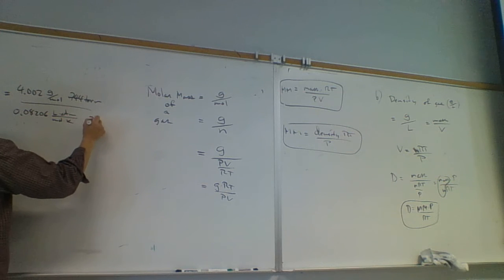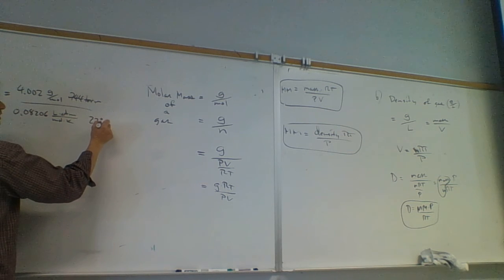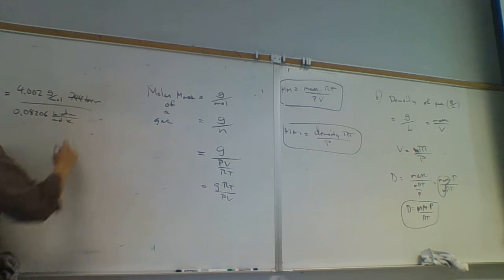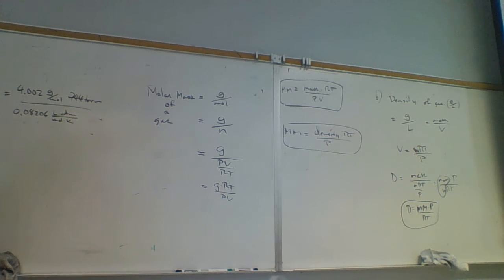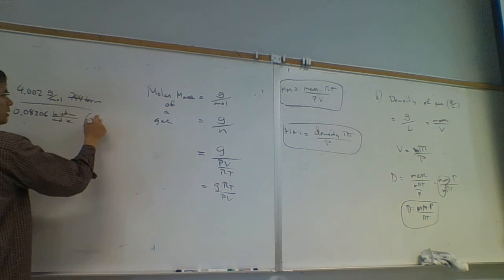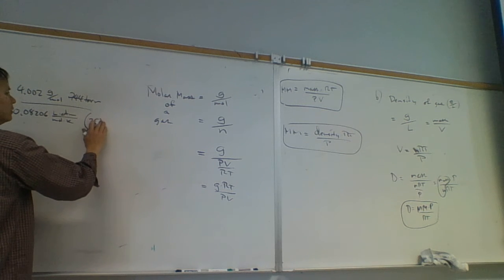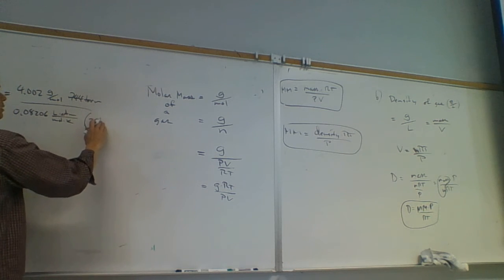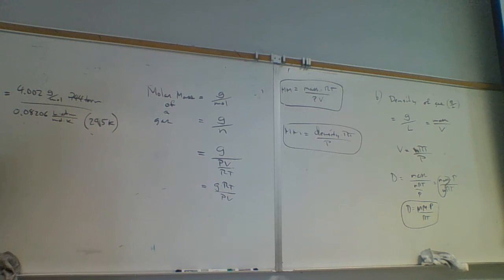T is 22 degrees C. So let's convert it to Kelvin. 22 plus 273 is going to give us 295 Kelvin. We have to make sure the units cancel out. So moles will cancel out moles. Kelvin cancels out Kelvin. Atmospheres and torr don't cancel out.